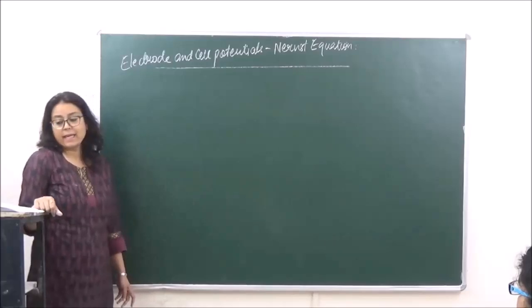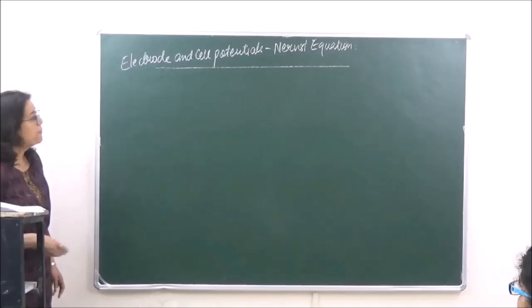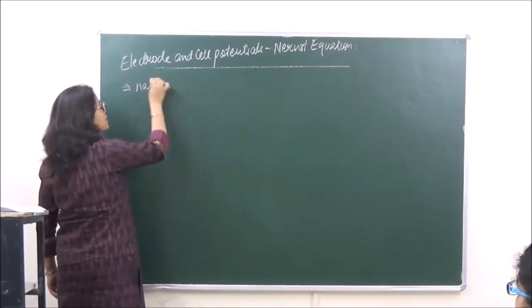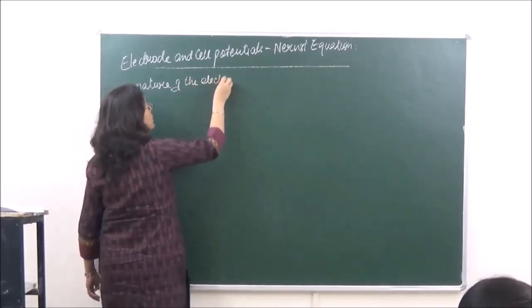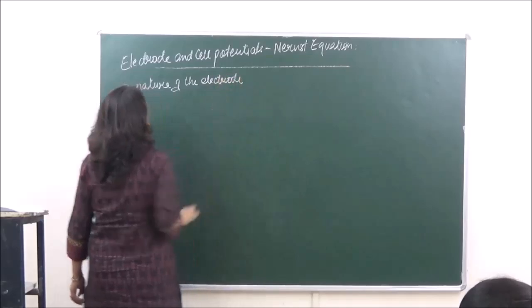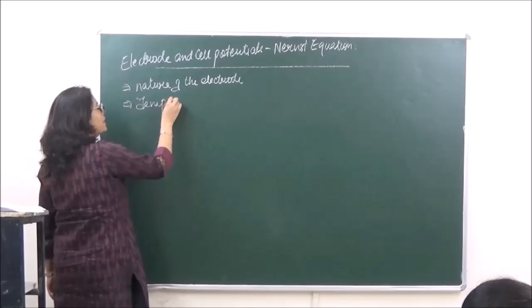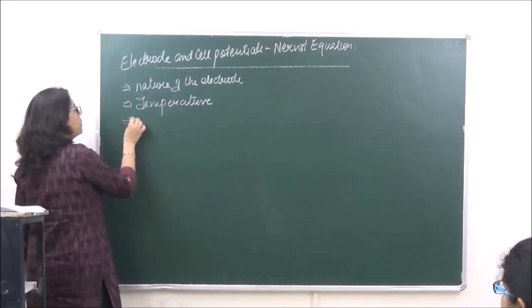So he said that any electrode potential or EMF of the cell depends upon the nature of the electrode. The EMF of the cell will depend upon, number one, nature of the electrode. It will depend upon temperature. And also it will depend upon what?